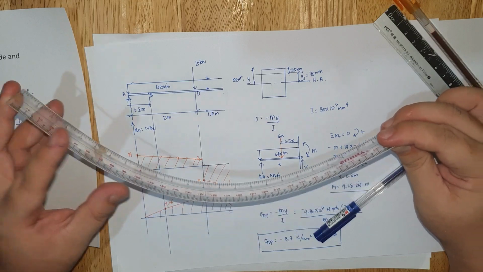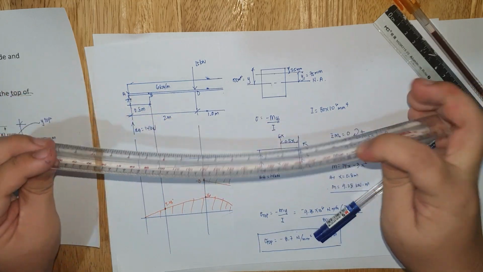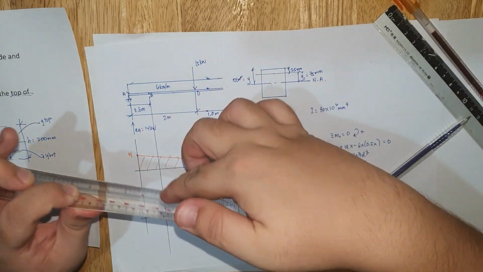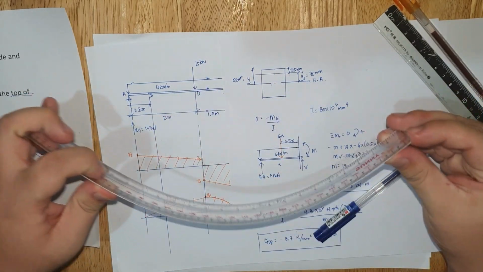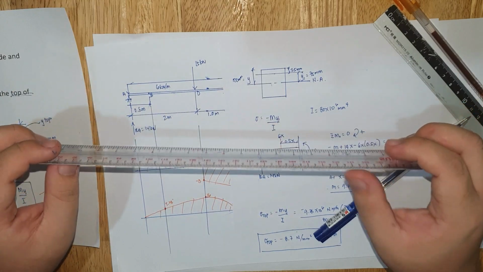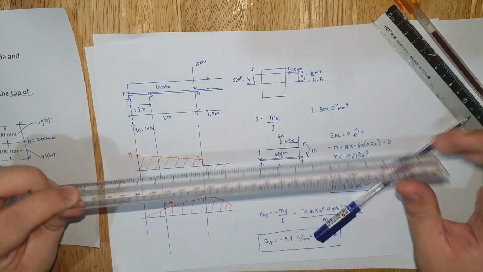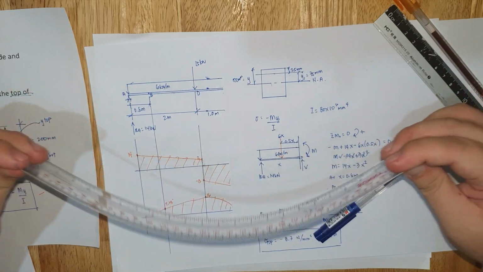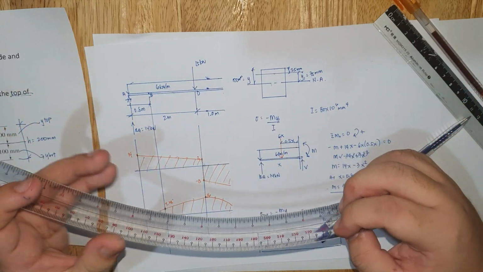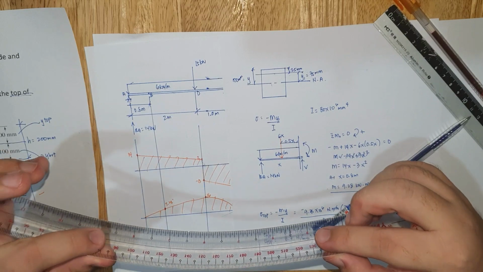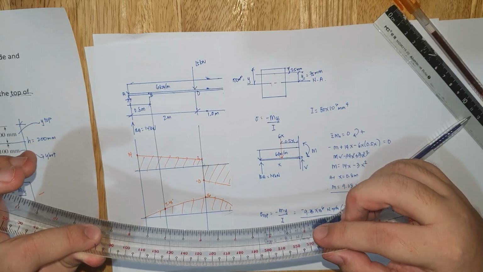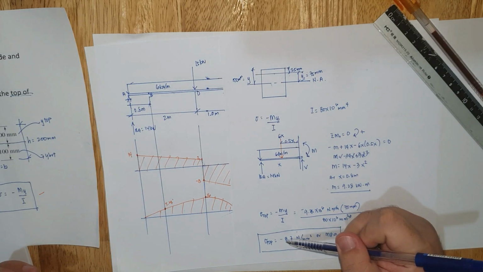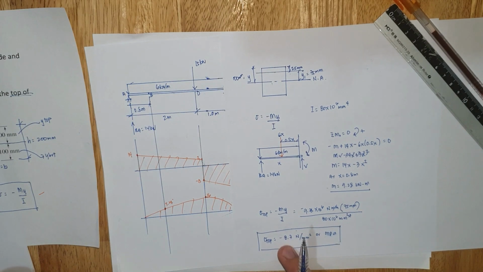Pag ganyan yung direction niya, ibig sabihin, yung top niya, nagko-compress, nagsha-shorten, yung ilalim niya, nag-elongate. Okay? So, tama na kapag nag-shorten siya dito, sabihin negative yung value ng stress niya. Okay? Kaya negative yung sign nito.